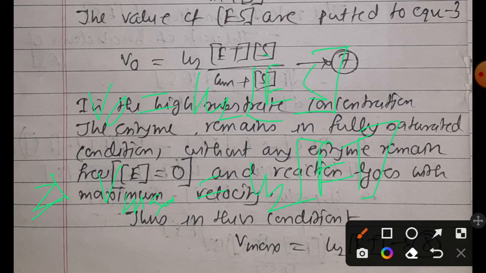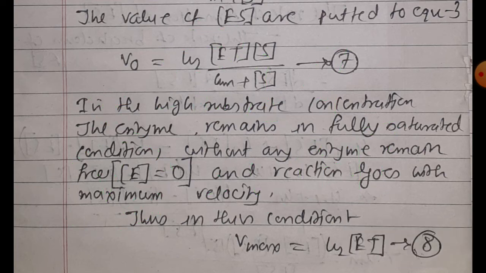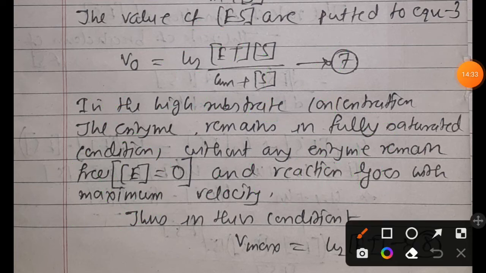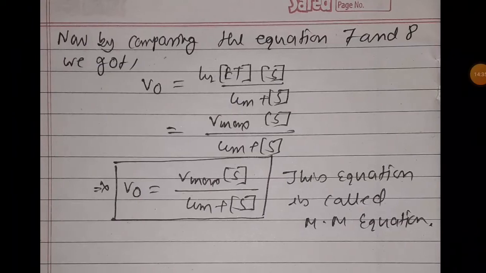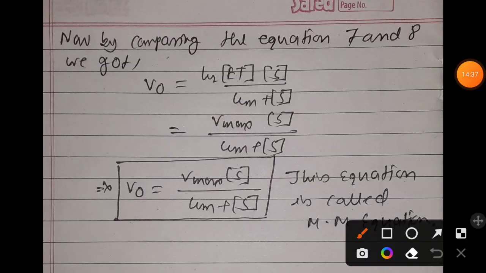I hope you can understand. So K2 and ET, this particular value in equation number 7, can be replaced by Vmax. Upon replacing it we will get V0 equal to Vmax into S by (Km plus S), and this equation is called the MM equation. So that is the entire derivation of the Michaelis Menten equation.